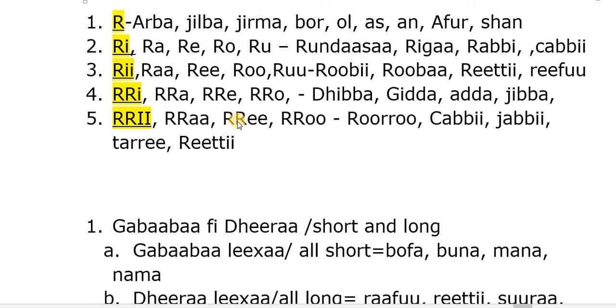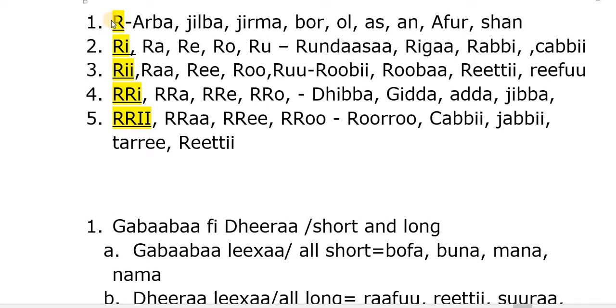But in all the sounds we have in Oromo, we have at least five different sounds you can hear. I just picked the R sound in English, the re sound, to explain to you.